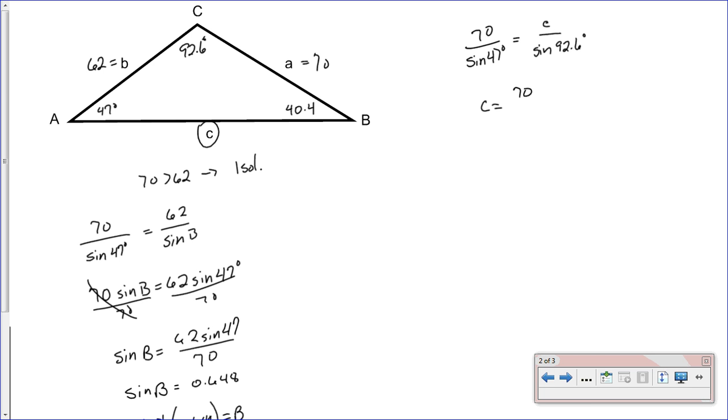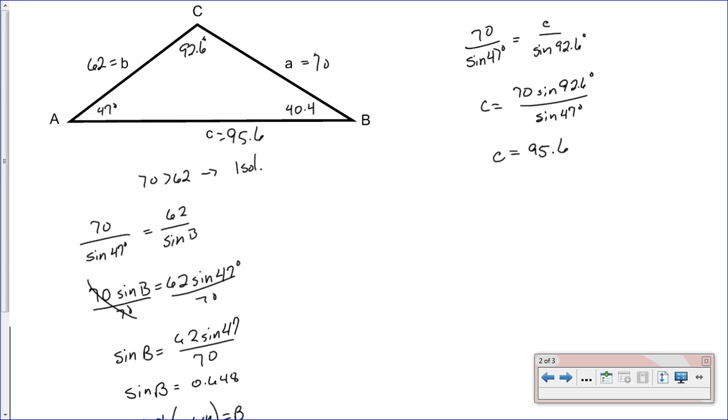So we're going to have 70 times the sine of 92.6 degrees divided by the sine of 47 degrees. Punch that into your calculator and C will come out to 95.6 units.